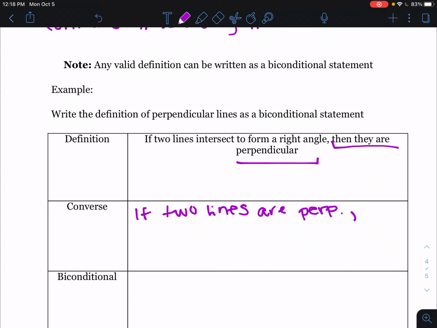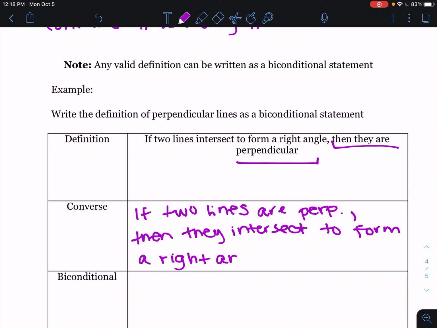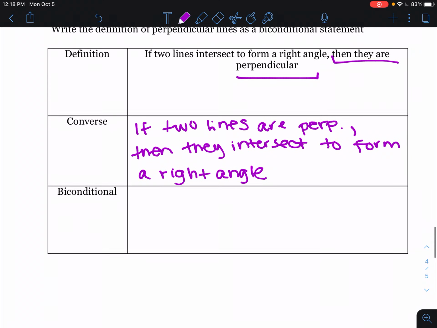If two lines are perpendicular, then they intersect to form a right angle. Since it's a definition, the converse is also true, because a definition is a really special kind of statement. So both of those are true. If two lines intersect to form a right angle, then they are perpendicular. If two lines are perpendicular, then they intersect to form a right angle.